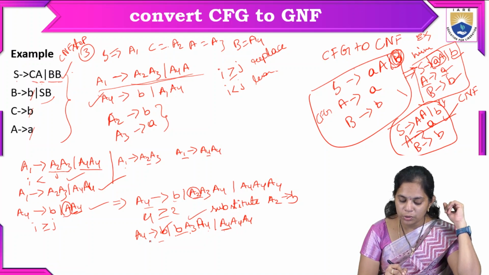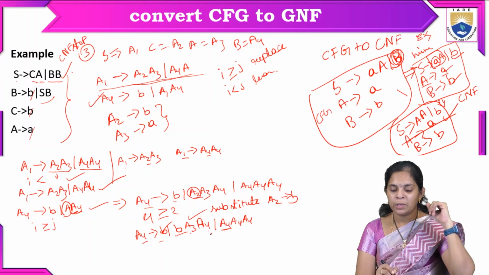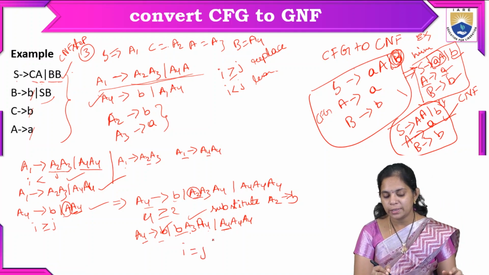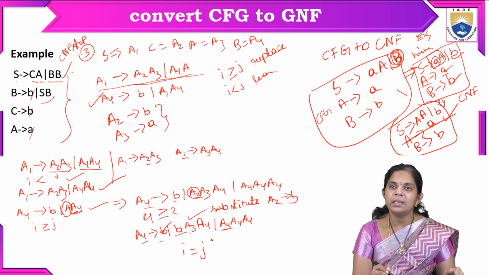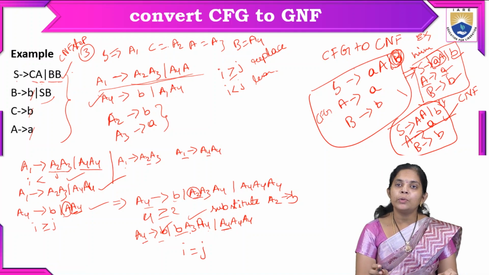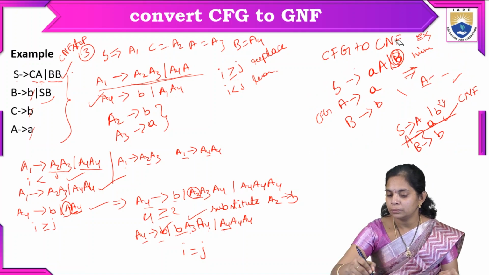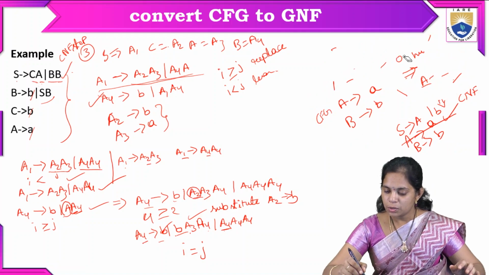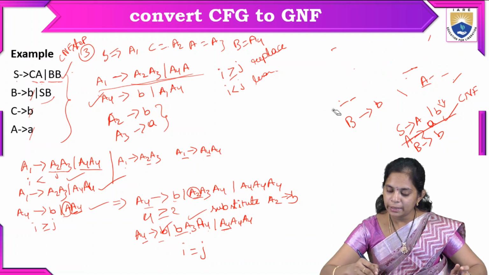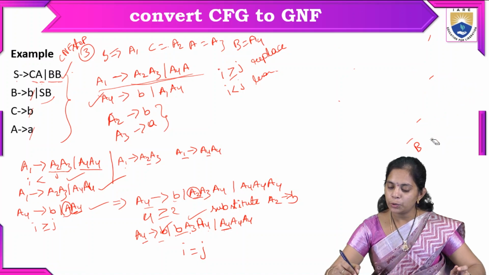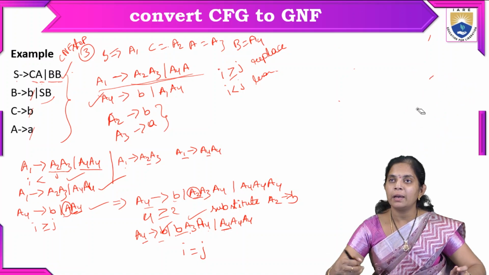And here we need to check A4 is there. So here I equal to j is there. What we say? It is the left recursion. So how to remove this left recursion we will see. So in this one we will write the values. So we need to write one formula to remove the left recursion from the grammar.